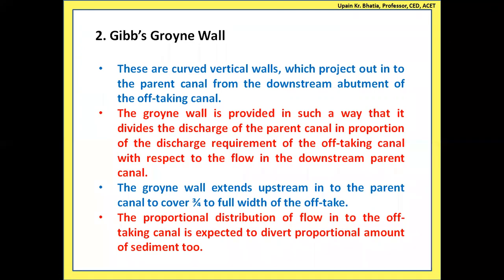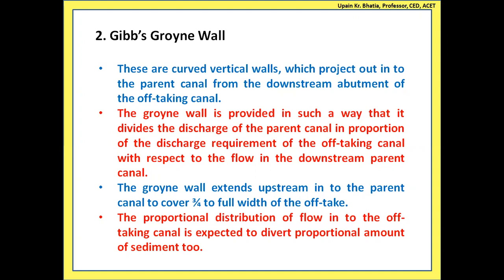So a groin wall is a wall which extends from one bank of a water channel, but it does not reach the opposite bank. And groin or spur is different from a weir. A weir wall is basically an obstruction which extends from one bank of the water channel, and it extends up to the opposite bank also.